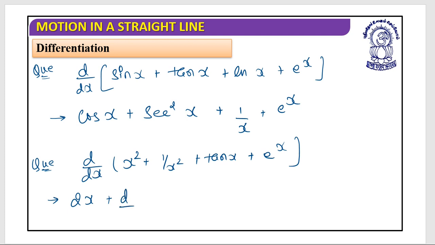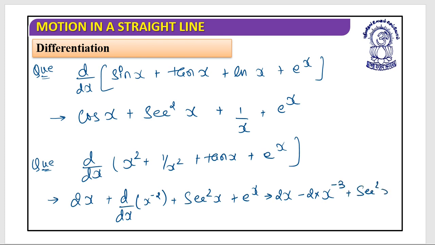If you cannot perform it by mental calculation, you can write it like this: plus d by dx of tan x, it's sec square x, plus e to the power x, that remains the same. So this is 2x, minus 2 into x to the power minus 2 minus 1, this is minus 3, plus sec square x plus e to the power x. This would be the answer.